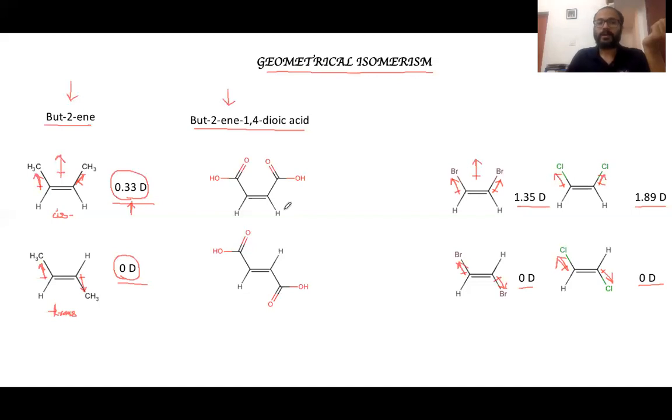Okay. And then on the basis of heat of hydrogenation also, you can distinguish between cis and trans isomers. So I'm not discussing all those things because, being in the complementary course, you have only two properties that you have to study. So I'm not complicating the thing.